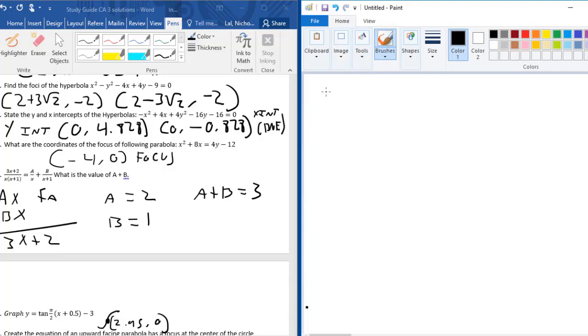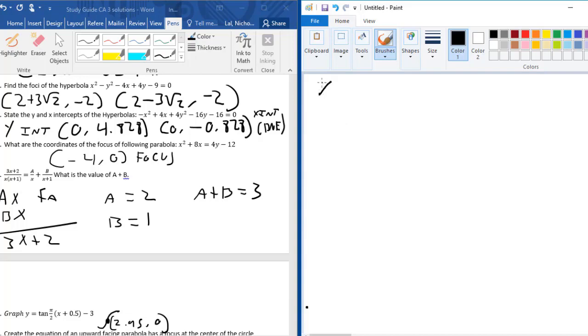Our hyperbola is x squared minus y squared minus 4x plus 4y minus 9 equals 0. My first step in rewriting this hyperbola is to group the x squared and the x terms, the y squared and the y terms, and get the constant on the other side of the equal sign.